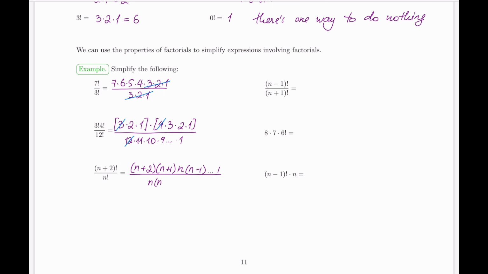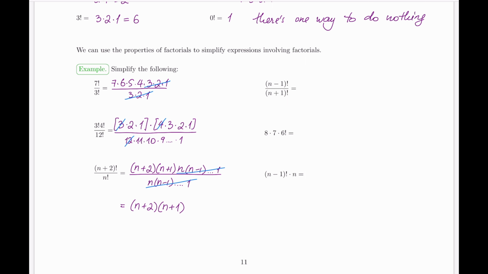So n, n minus 1, n minus 2, all the way down to 1. And here's where I notice that these two portions are actually the same. N plus 2 factorial has n factorial living within it, so that I can wholesale factor and cancel out. So what's going to remain is actually just going to be n plus 2 times n plus 1.